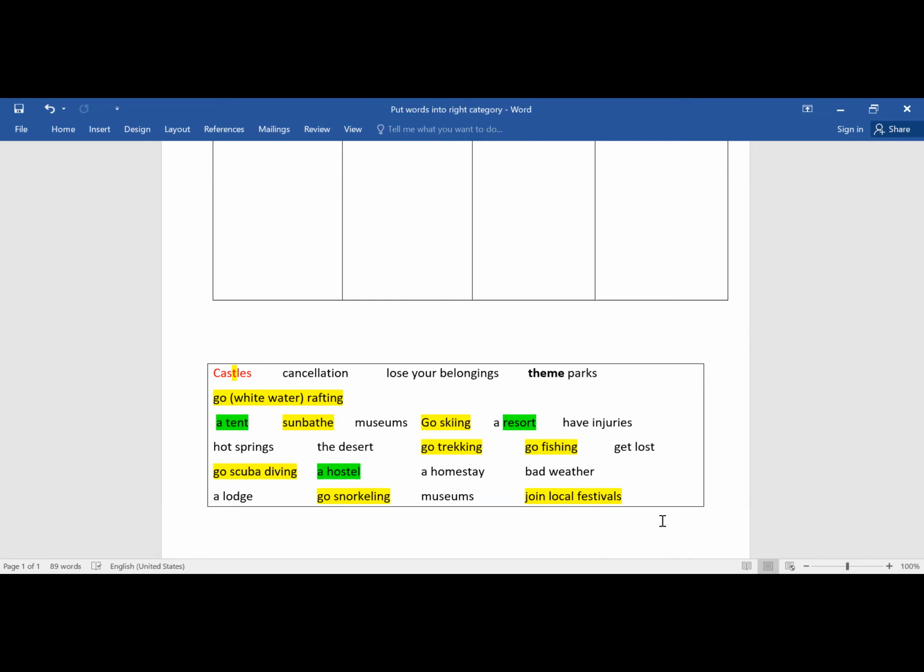A homestay, if you want to have a lot of interaction with local people, right? Okay, and a lodge. What is a lodge? A lodge is for students and they rent it and they pay for it once a month.